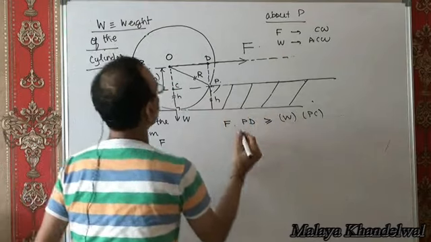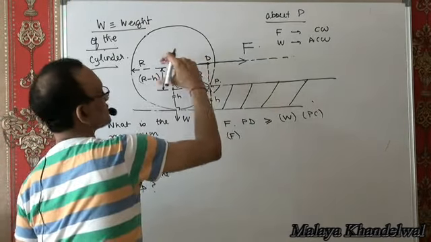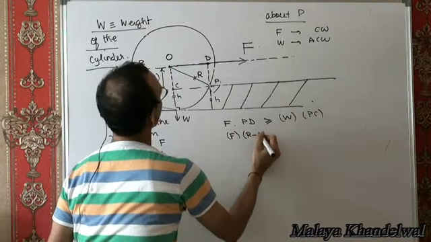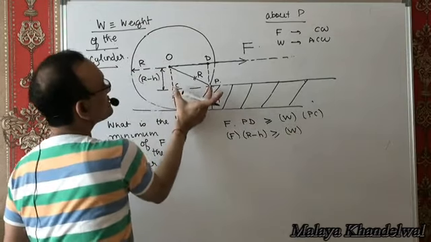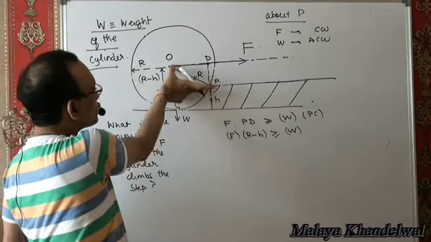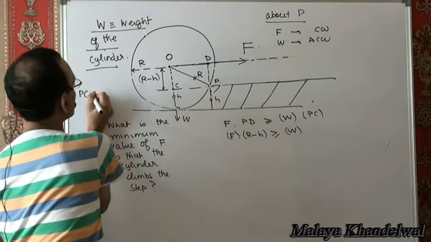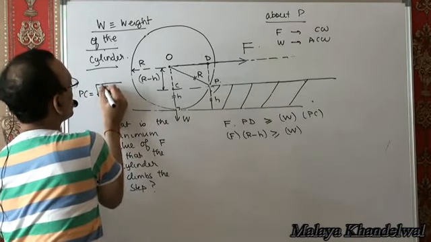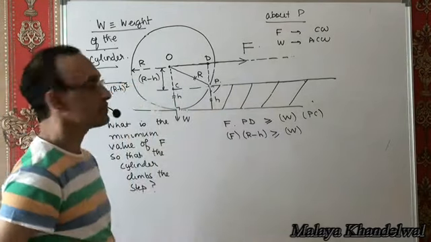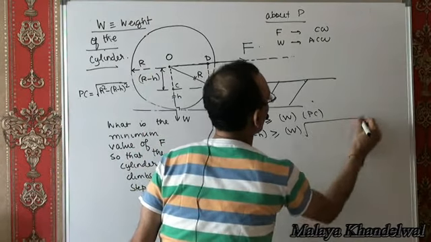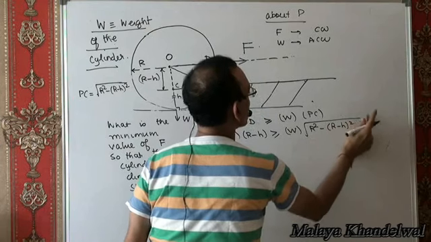So F into PD, and PD is this length, which is R minus H, must be greater than or equal to W into PC. PC is this length, which is root of R squared minus (R minus H) whole squared, that is root of 2RH minus H squared.